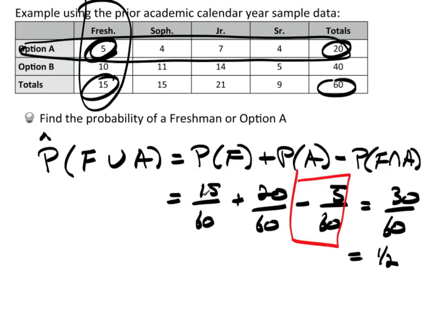If this was 45, 45 and 20, that's 65 out of 60. So you end up with a probability bigger than 1. That's because I didn't subtract off the needed piece. So even though mathematically it's impossible to get a probability greater than 1, you could make an algebraic error. You could apply this rule incorrectly and end up with an answer that is bigger than 1. Or likewise, if you miscalculated this or put these in the wrong order, you could end up with something negative because of an algebraic issue.